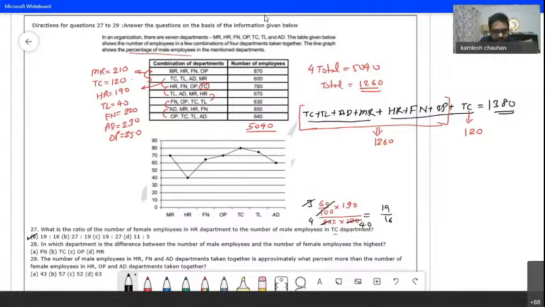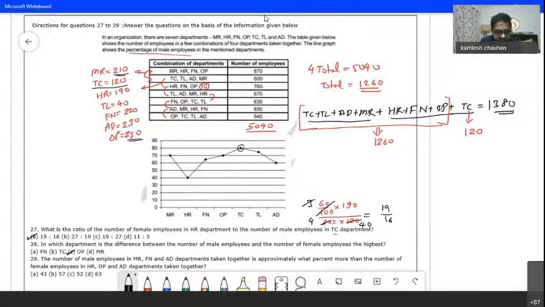In the TC department, 80 percentage are male, so 20% are female, but the total is very low. OP and MR have 70 percentage, but between OP and MR, which one has more employees? OP. So this has to be OP.